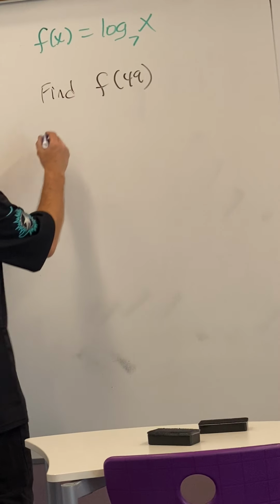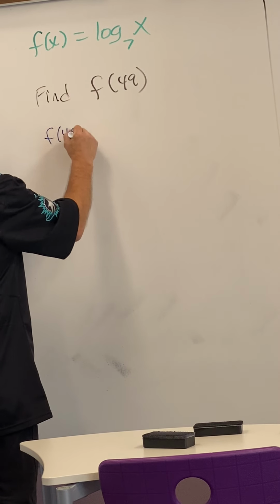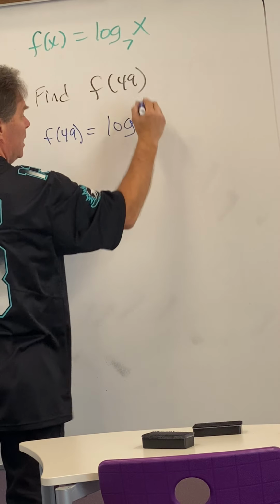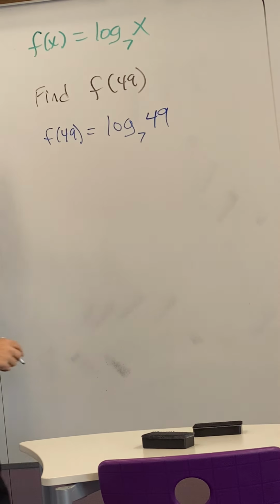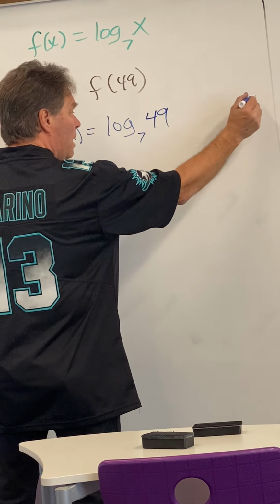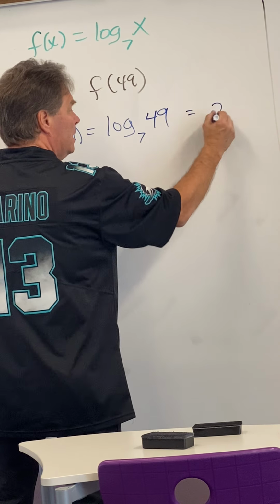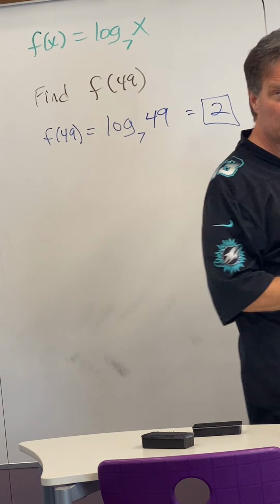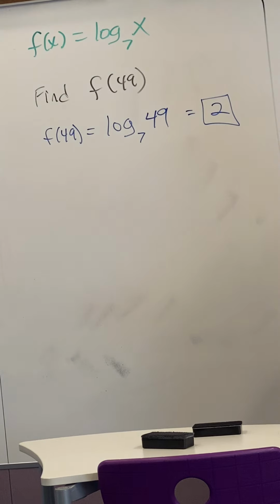So f of 49 just means log base 7 of 49. This means 7 to what power gives you 49? And the answer is 2. That's how that works. That's function notation, evaluating functions. So, there you go.